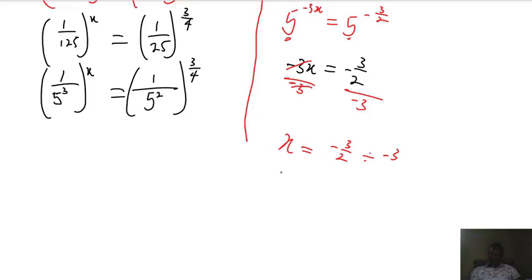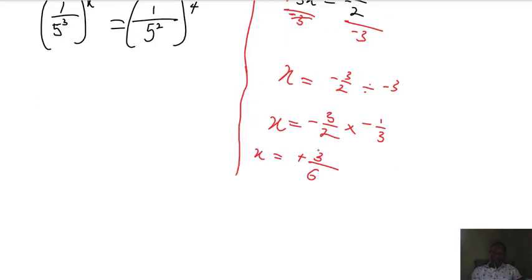So x is equal to negative 3 over 2 times negative 1 over 3, which gives negative 3 over 6. So again we'll make it positive.